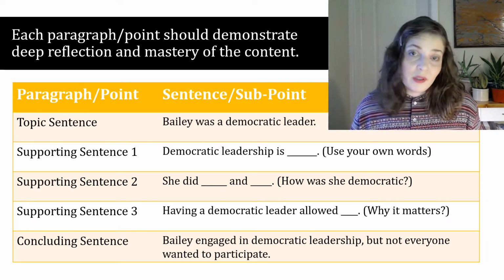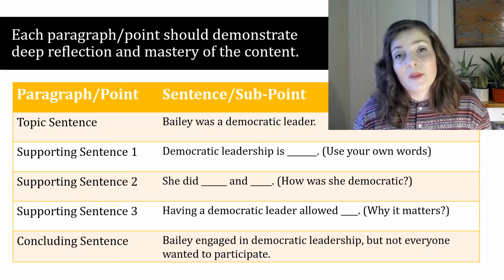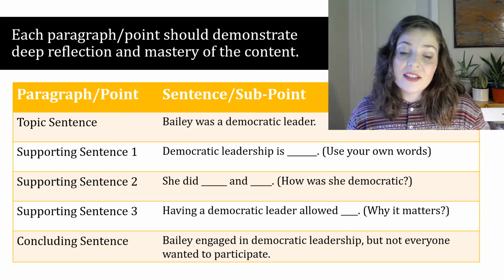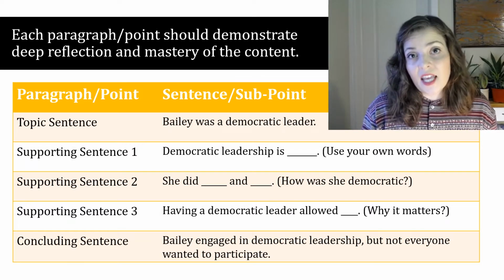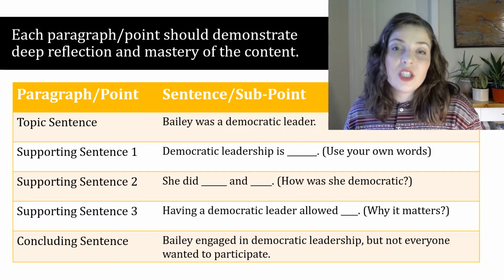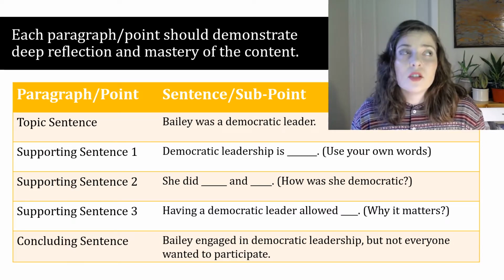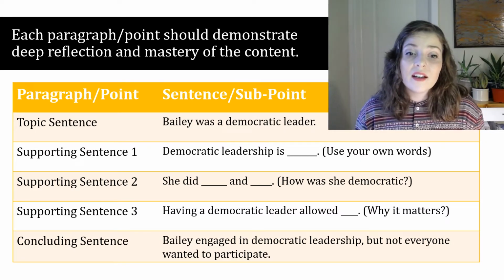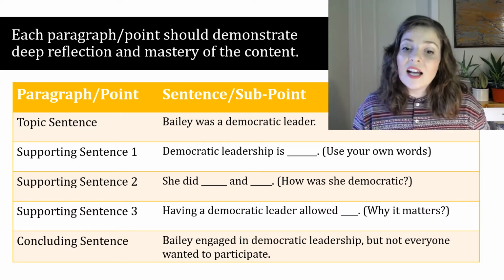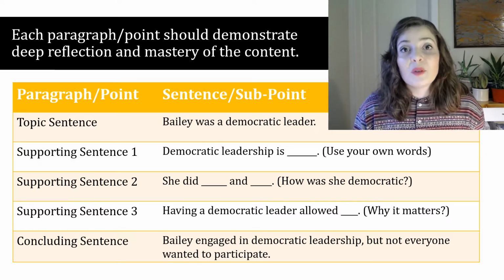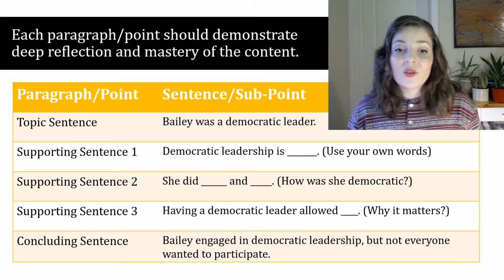Then, if you're to believe that Dr. Benedict was a Democratic leader, you would want to see some evidence of that. She did this thing and that thing that demonstrated she was a Democratic leader. Finally, okay, she's a Democratic leader, so why does that matter? Having a Democratic leader allowed blank or permitted the class to do this.